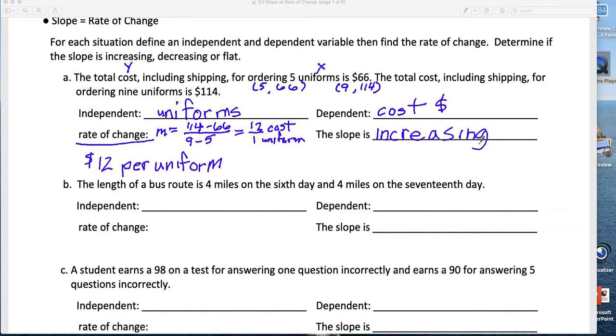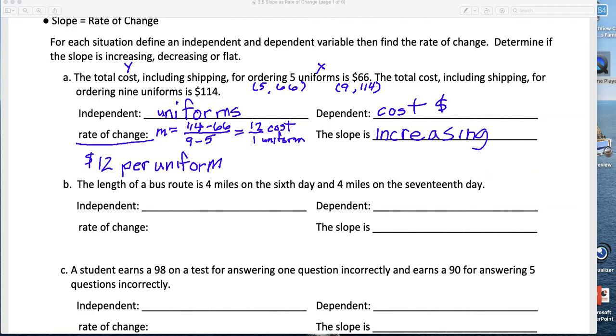Okay, next example. The length of a bus route is 4 miles on the 6th day and 4 miles on the 17th day. All right, now, here is something to remember. This is a tip, and you might have heard this in another lesson. Anytime I'm dealing with time, time is almost always independent.